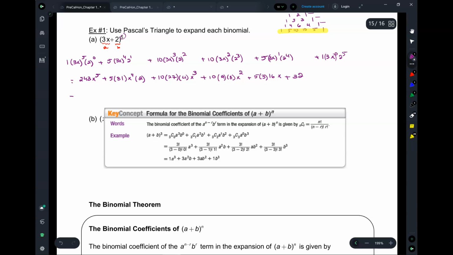So at the end of the day, this is 243x to the 5, 810x to the 4, 1080x to the 3, 720x squared, 240x, plus 32.